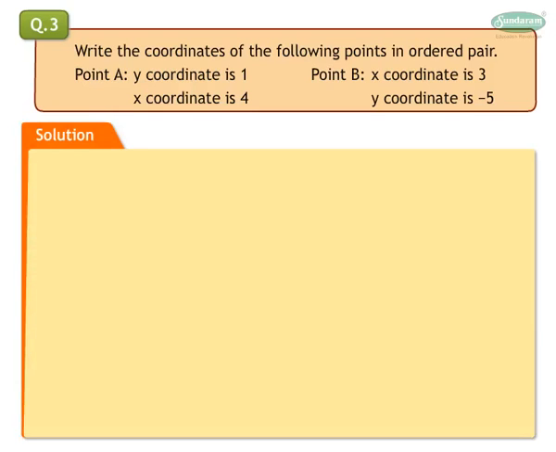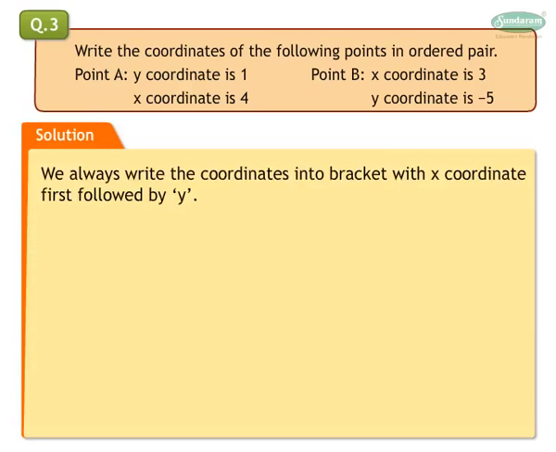Solution. We always write the coordinates in brackets with the x-coordinate first followed by y. The coordinates of point A are written as A(4, 1). The coordinates of point B are (3, -5).